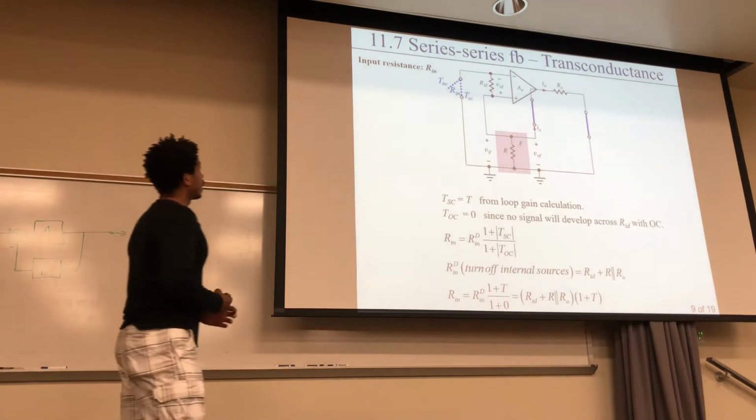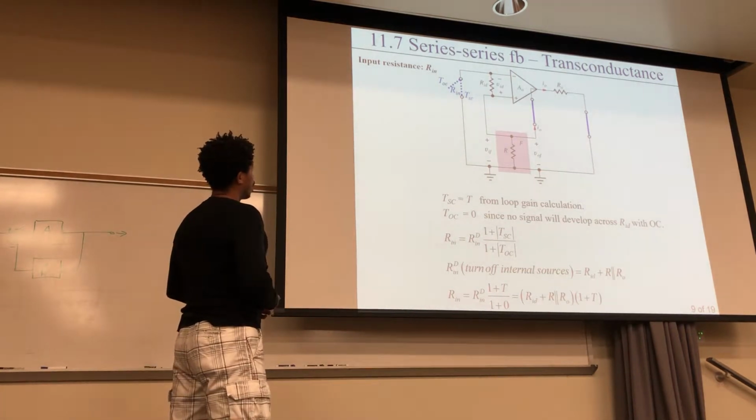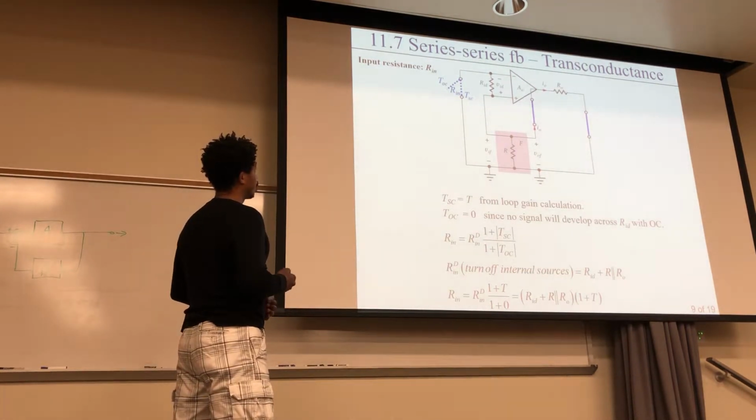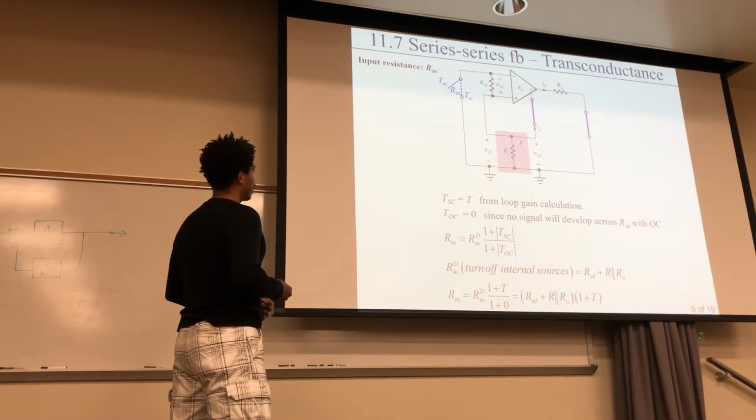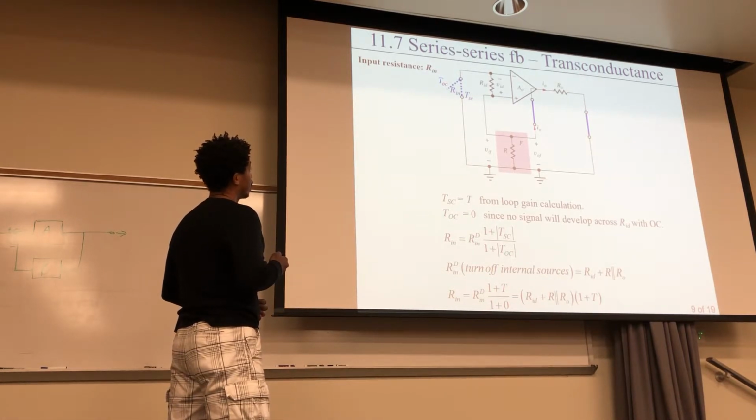All right, and for the input resistance, what you want to do is look at your RIN right here. You also want to look at what happens with your loop gain when you have an open circuit right here, and also when you have a short circuit right here.